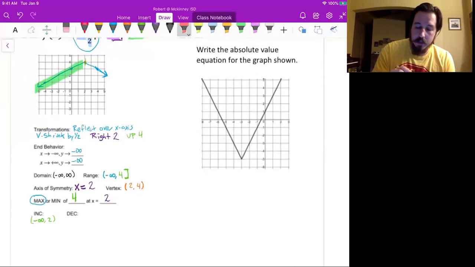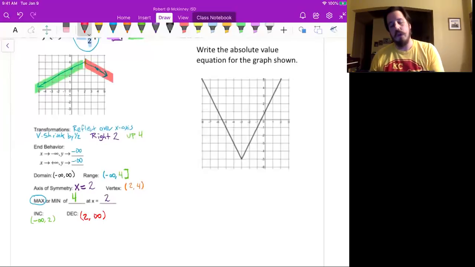And then I am decreasing, starting at that value of 2, going off until positive infinity as it moves further to the right. Okay.